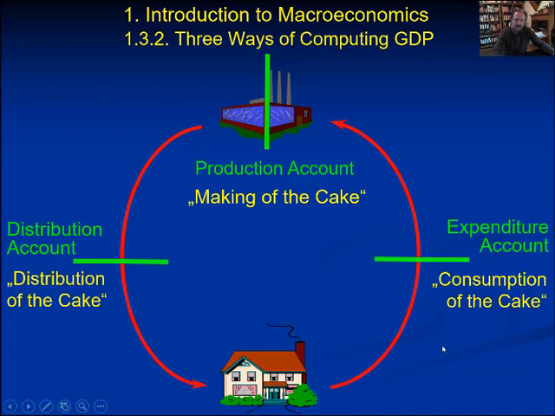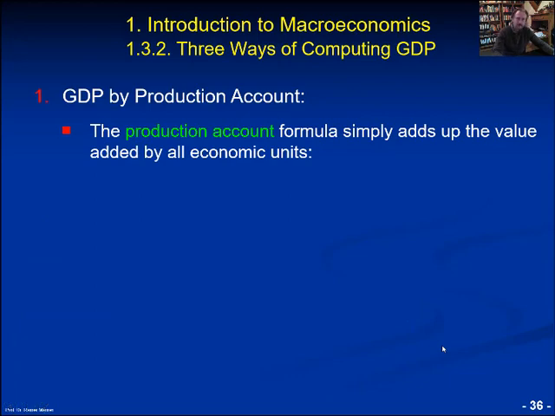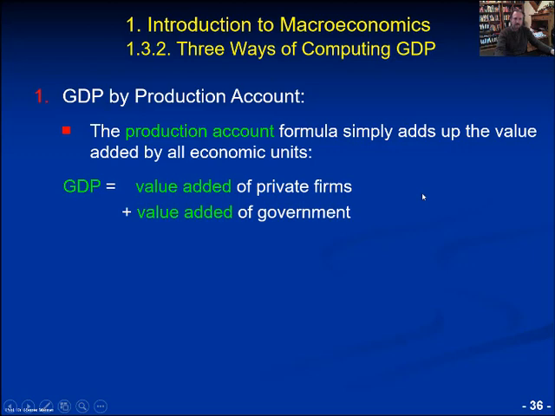We start again with the production account. The production account simply adds up the value added by all economic units. The most important component of the production account is value added of private firms, which is calculated, as we have already seen, by the sales of these firms minus their purchases of intermediate goods. Another component of the production account is value added of the government. A third component is value added of non-profit organizations.